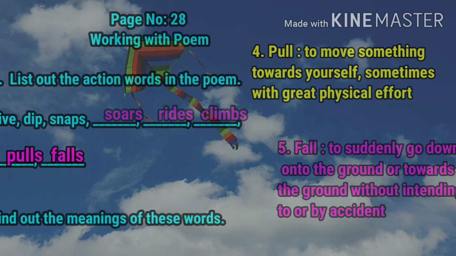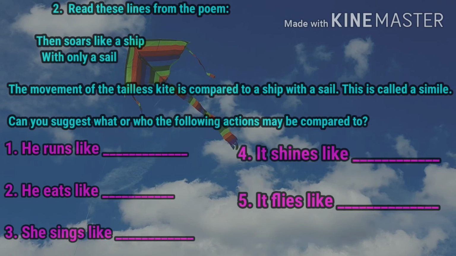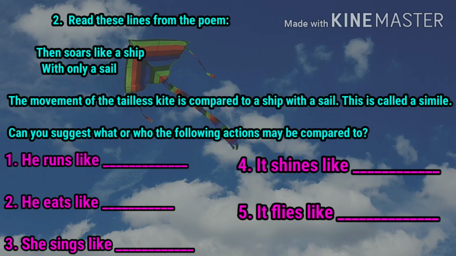Now exercise number 2 is: Read these lines from the poem. The lines are, then soars like a ship with only a sail. So the movement of the tailless kite is compared to a ship with a sail. This is called a simile. Can you suggest what or who the following actions may be compared to?